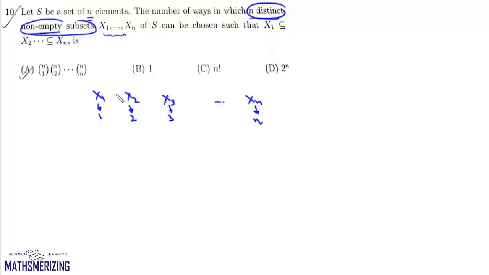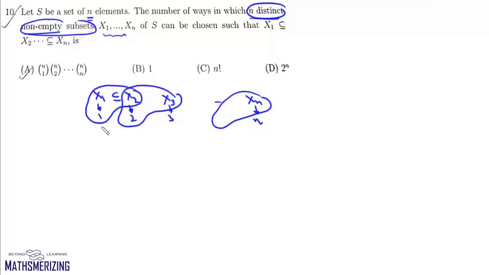Since x1 is a subset of x2, x2 will contain the one element of x1, x3 will contain the two elements of x2, and xn will contain the n minus 1 elements of xn minus 1.